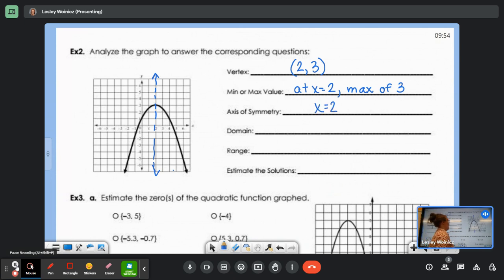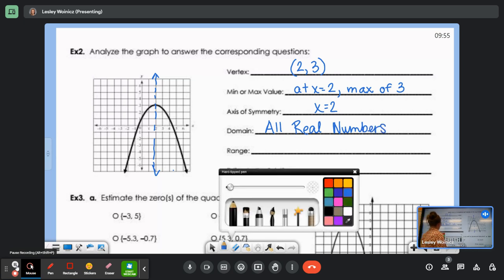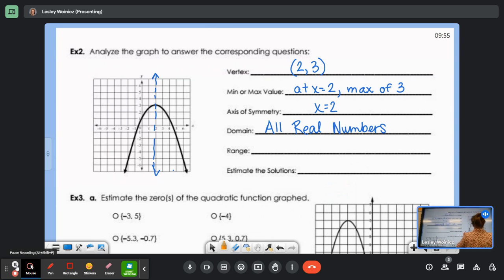The domain for this parabola, because I can trace it without lifting my pencil, goes forever in both directions, left and right. I can say that the domain is all real numbers. The range is a little bit different. This parabola opens down. So the range goes from 3, where it's at its maximum, and down. So I can say that my range is y values that are less than or equal to 3.